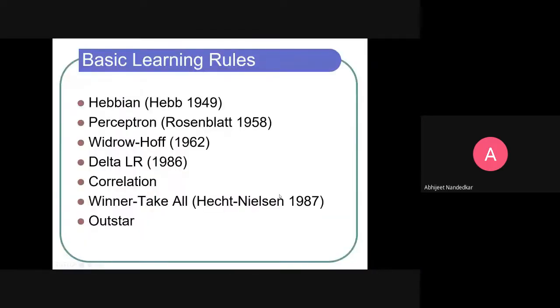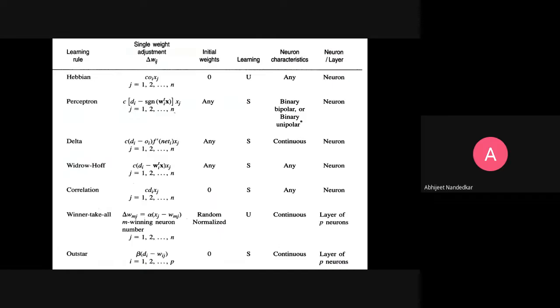So we have seen the Hebbian learning rule. Then we have seen perceptron, Widrow-Hoff, delta, correlation, winner take all, and Outstar. These are the basic rules that we are going to use from here onwards. If you compare these, the Hebbian learning rule is of the unsupervised form.